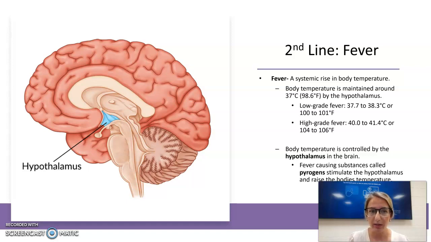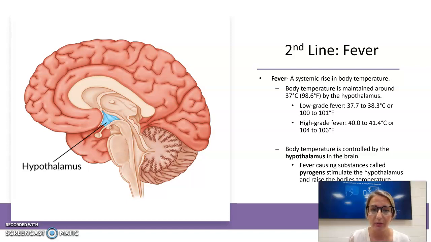So when the hypothalamus recognizes that pyrogens are present, that's when it knows that it needs to increase the temperature because the individual is under a state of infection. So if pyrogens are sensed, the hypothalamus will increase the temperature to 100.